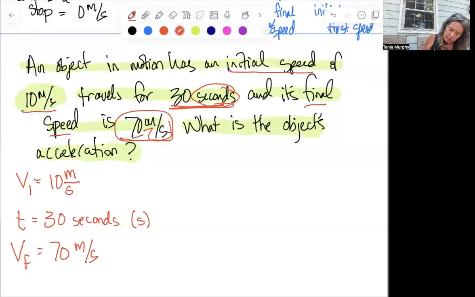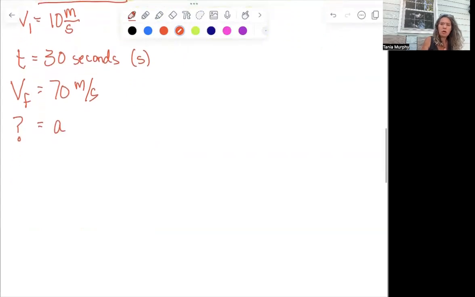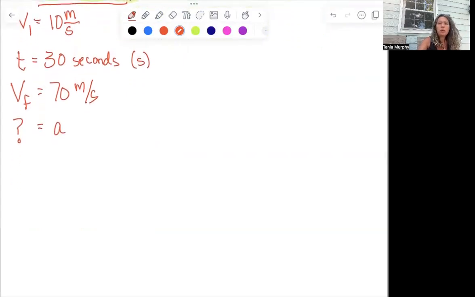So I see this is the question they're asking me. Question mark, acceleration. So notice I'm now done with the word problem. This is everything, the information that the word problem has given me. So I don't need to continue to read that word problem. I see that I am asked for acceleration. So I'll write the formula for acceleration.